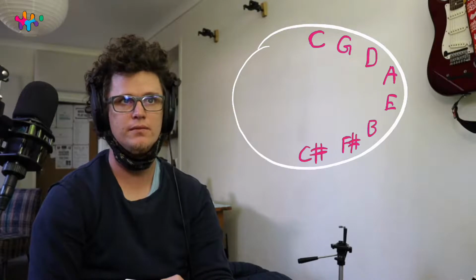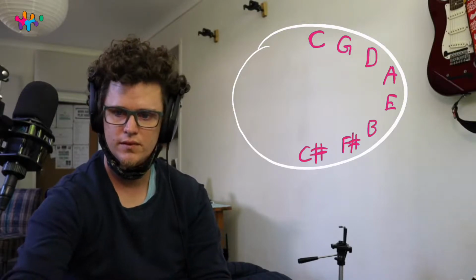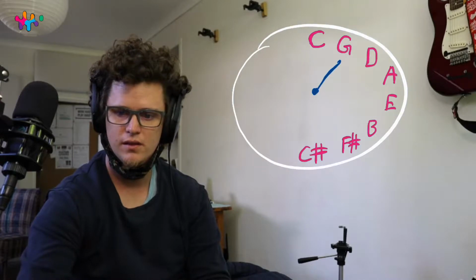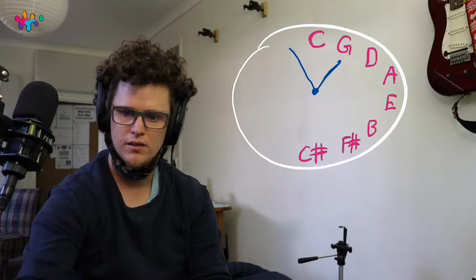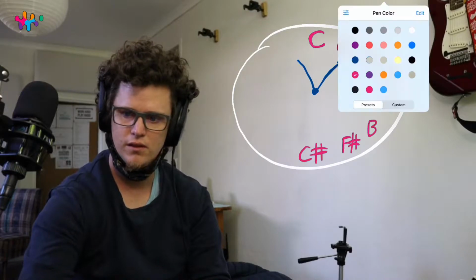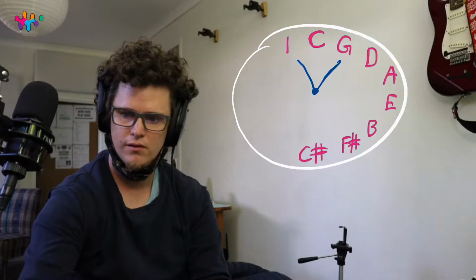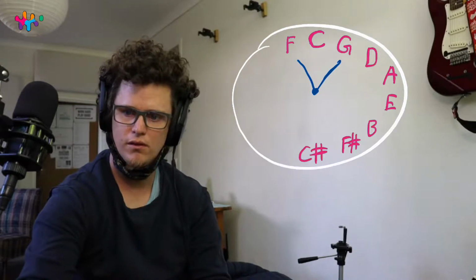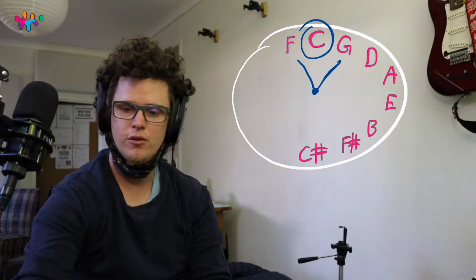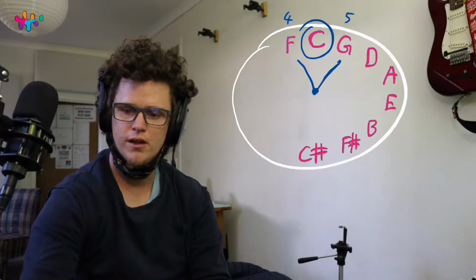Okay, but anyway, I think this will give people a clear picture. So the 4 and 5 chords are always to the left and right of the root. So if you found your key is C, then that's going to be a 4 chord, that's going to be a 5 chord.